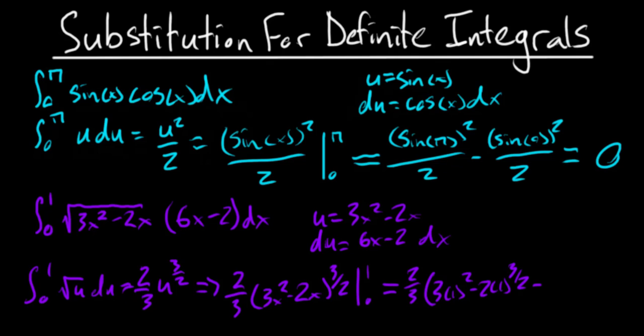When we plug in 0, the answer is just 0, so we subtract 0 and nothing happens. When we evaluate this, we get 3 minus 2 is 1. 1 to the 3/2 power is 1, times 2/3 is 2/3. So that would be our answer.